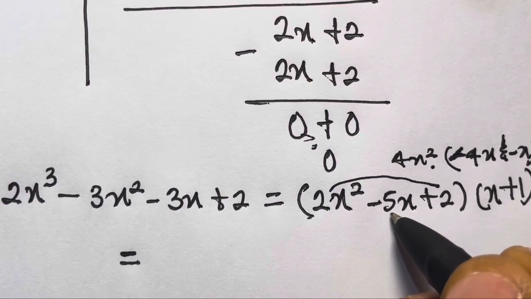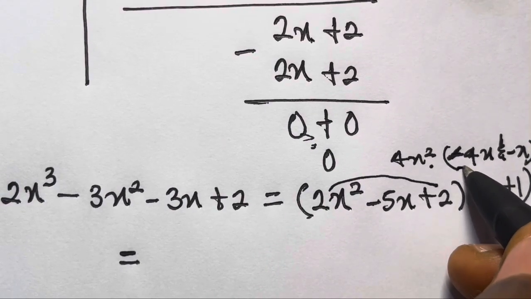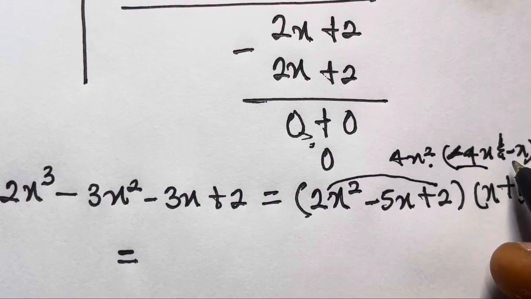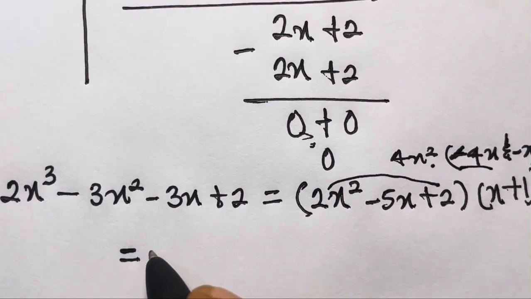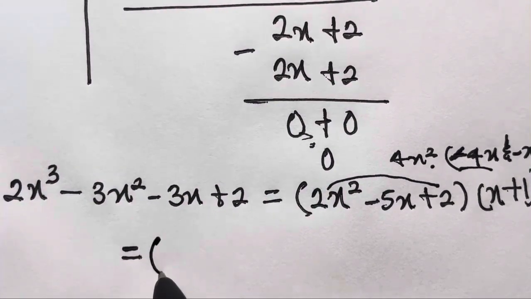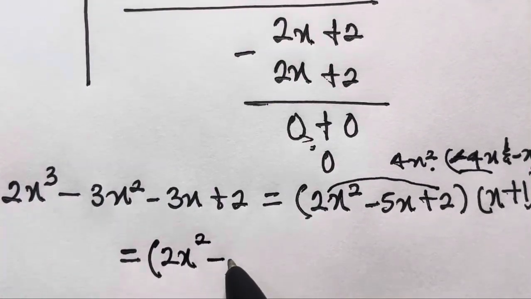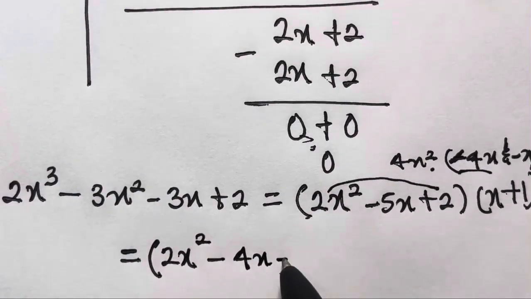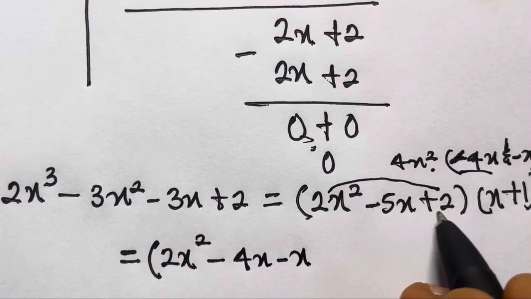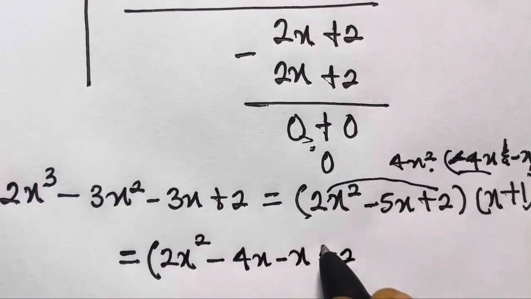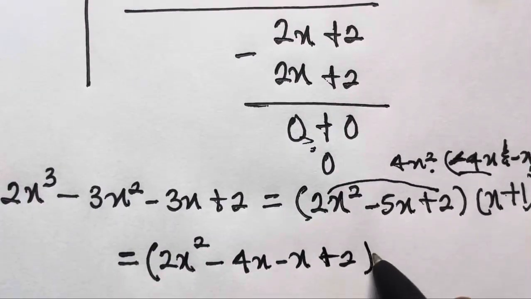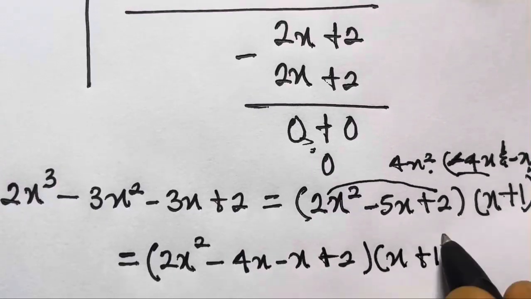So we have to replace this minus 5x with minus 4x minus x. So let's see. We have 2x squared minus 4x minus x plus 2, then multiply by x plus 1.